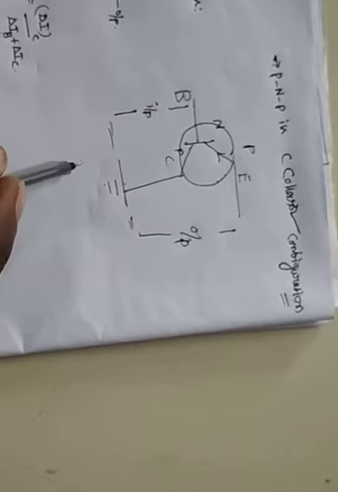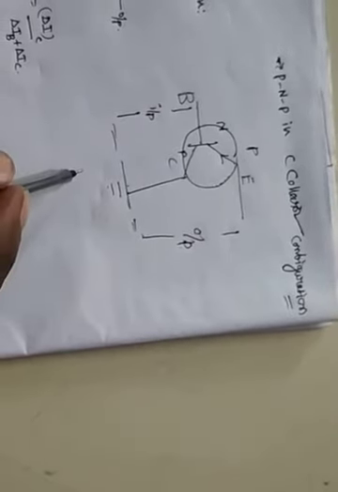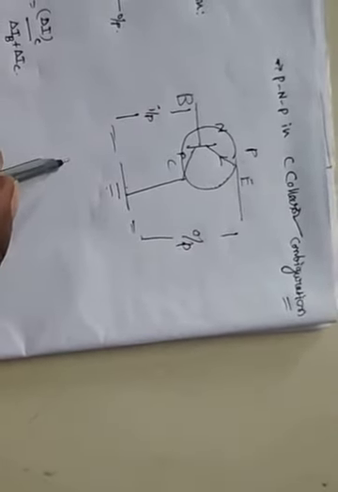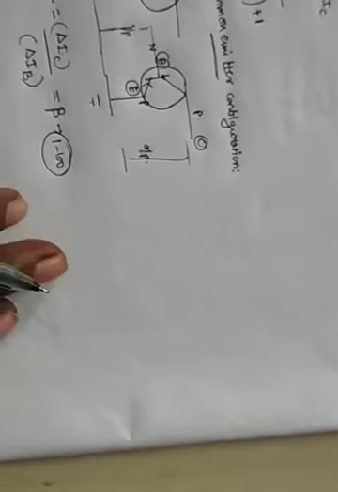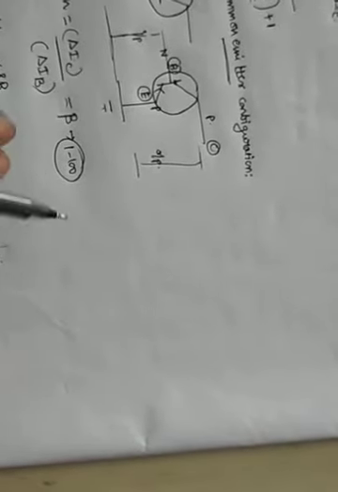Mostly in the problems, the value of beta is more. If the value of current gain is given from 1 to 100, then you can take it as beta.